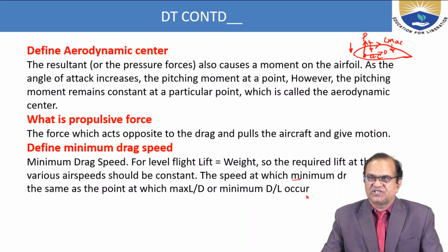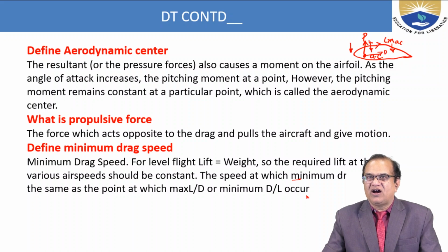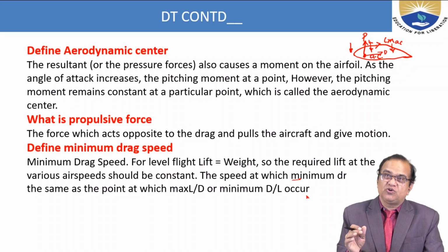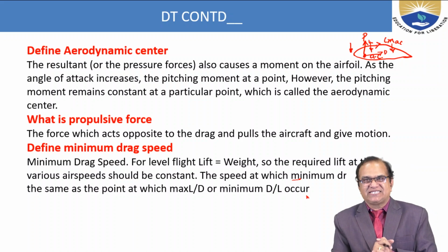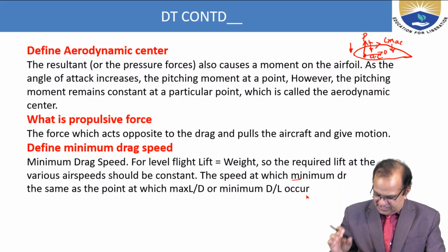The speed at which minimum drag occurs is the same as the point at which maximum L by D, or minimum D by L, occurs. So the point at which you have the maximum L by D is the point where you have the minimum drag speed.